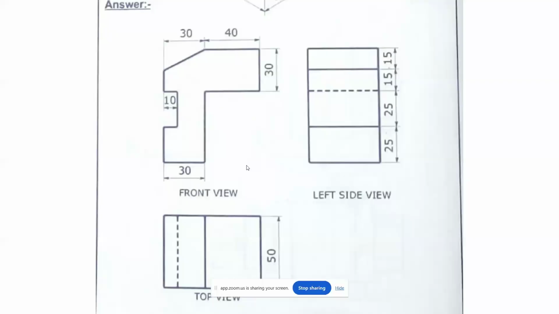Definitely, sir, definitely. Because being the introduction class, few might be familiar and others not, so I don't want to proceed further so that you all understand very clearly. From the next class, we can go drawing by drawing. If you have understood this, the other classes will be very easy to move on.